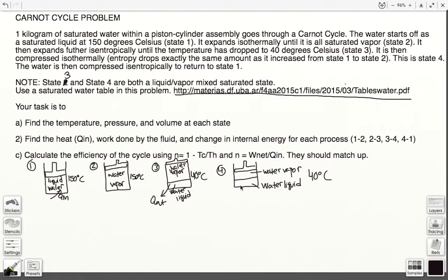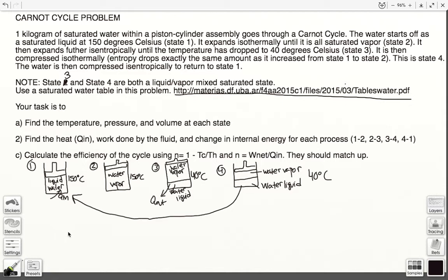And then the system continues to get compressed isentropically, and we return to state 1. So here are our 4 states.